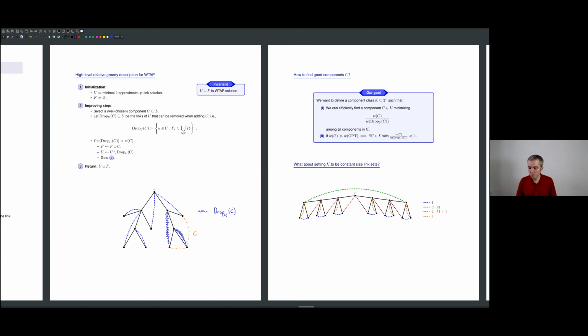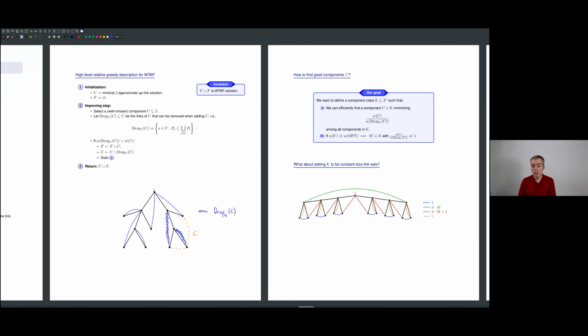Let's do a little warm-up that fails. Let's think about choosing as a component class the constant size components that I mentioned beforehand. Thinking about the prior applications of relative greedy that I know about, they always take, as far as I know, that class. In Steiner tree, the class can be defined that way.